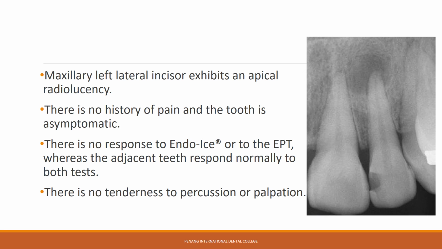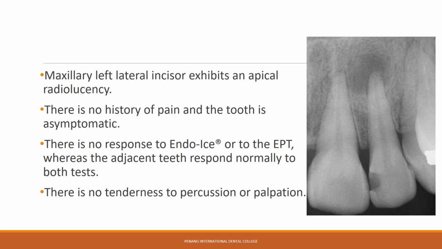Coming to the next example, let's look at the maxillary left lateral incisor. If you see the radiograph carefully, there is a radiolucency involving the enamel and dentine on the mesial side. The radiolucency here is very close to the pulp, whereas in the apical region there is a diffuse radiolucency around the periapical area.